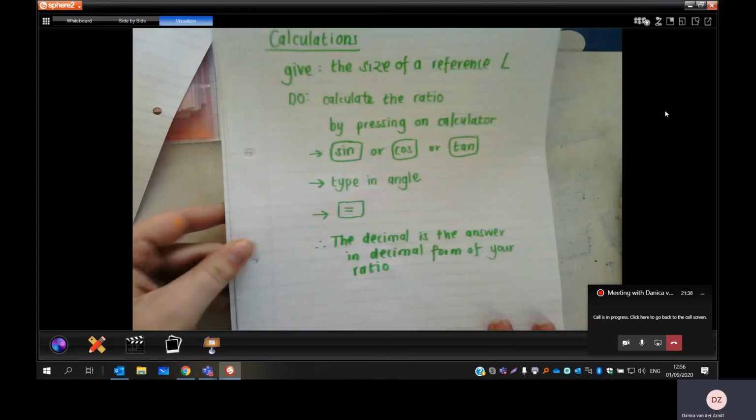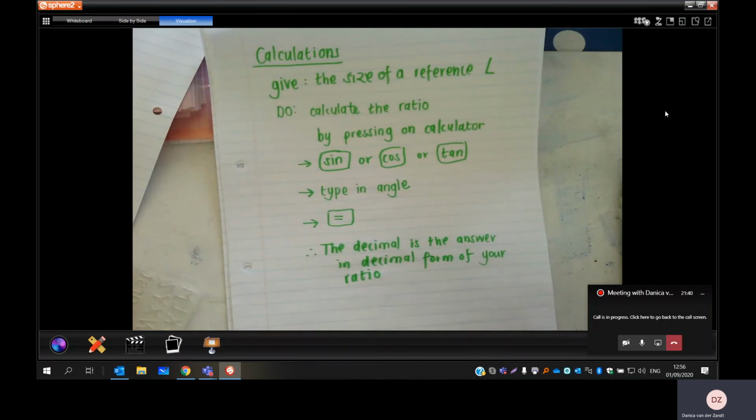So the decimal that you get, which will almost always be a decimal, sometimes you're lucky and it is a fraction, is the decimal form of your ratio.